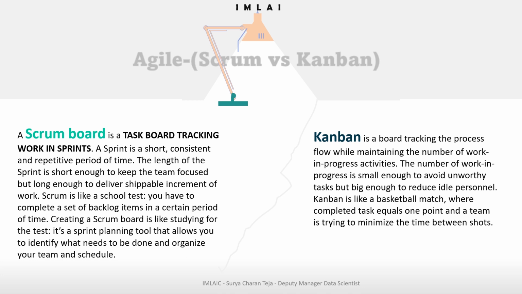But moreover, both have advantages, both have disadvantages. So that's why in IT our people are much smarter. They club the advantages of both, and we are using Scrumban. That's the framework we are using.